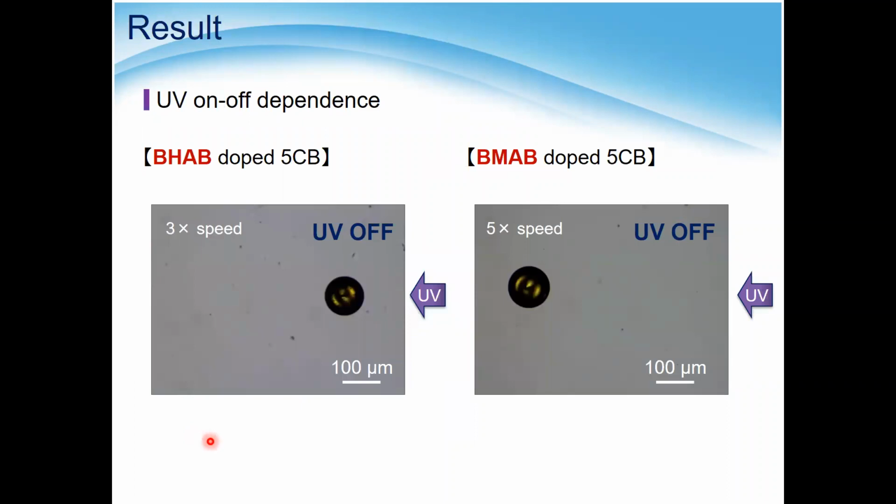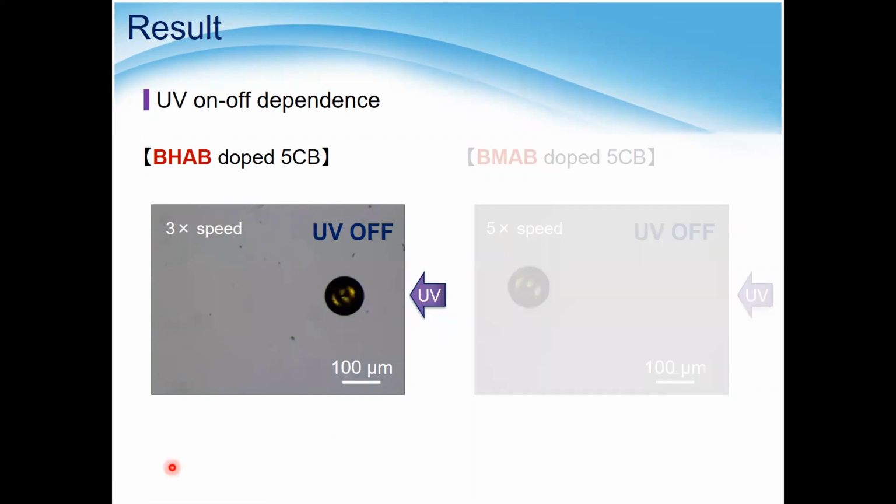So here's a demonstration. Surprisingly, when we illuminate the UV light, the BHAB-doped 5CB moved away from the UV light source. When it's on, it moves; off, it stops, like this.